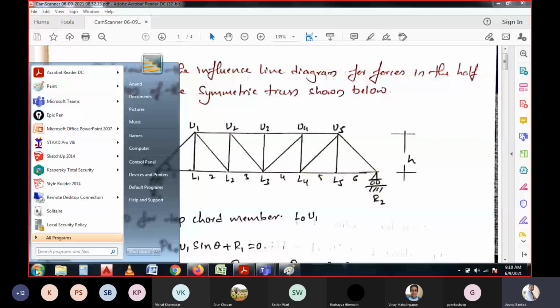At the same time, L0 L1, L1 L2, and L2 L3 will be the bottom chord members, right? Will be the bottom chord members. So now, apart from this, we have another type of members, diagonal members.